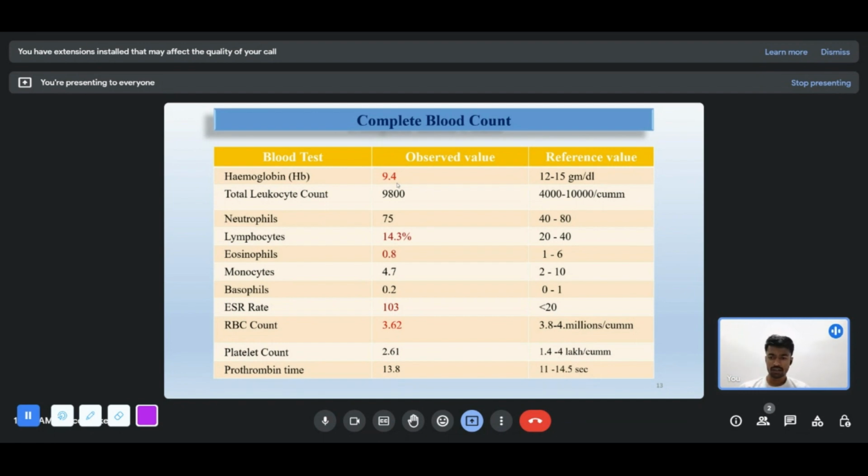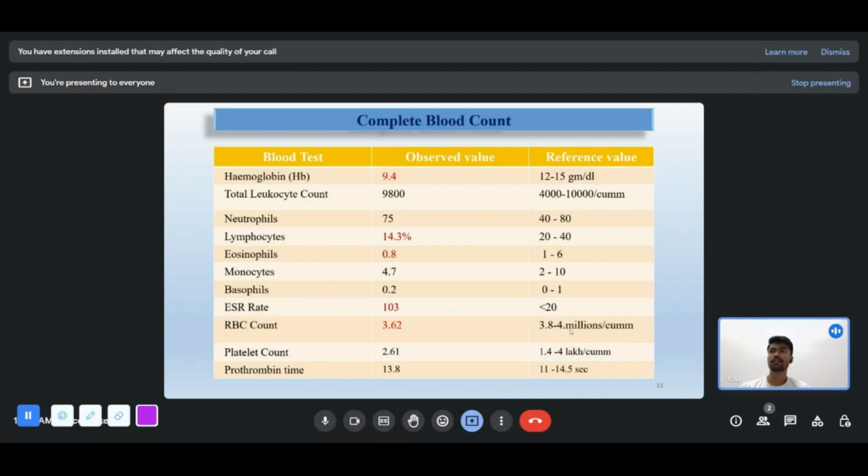Next, there is a decrease in the ratio of RBC, red blood cells. We can see the normal level is 3.8 to 8.4 millions per cubic meter. So what is the reason behind this? The reason is simple: for a diabetic patient there is diabetic nephropathy, meaning there is damage of the kidney.